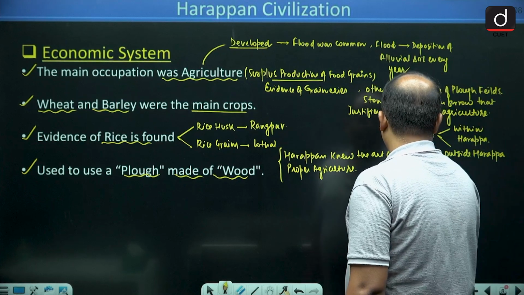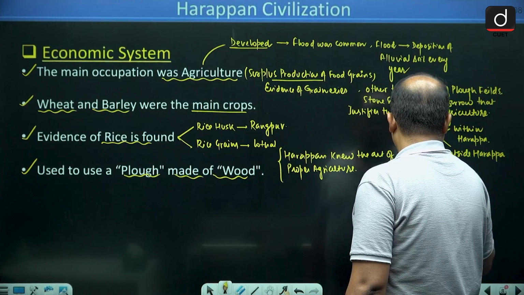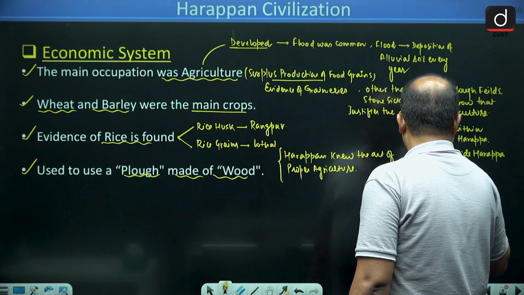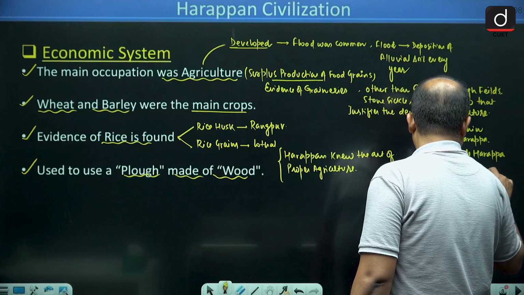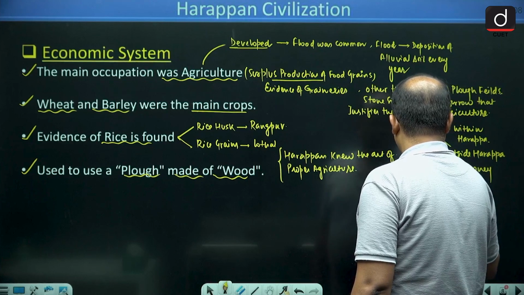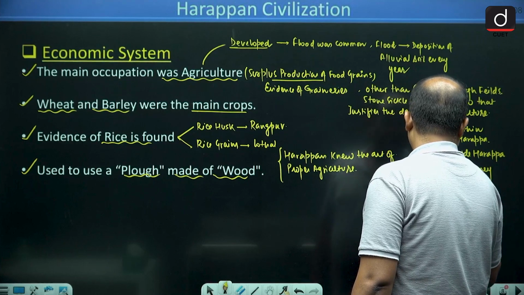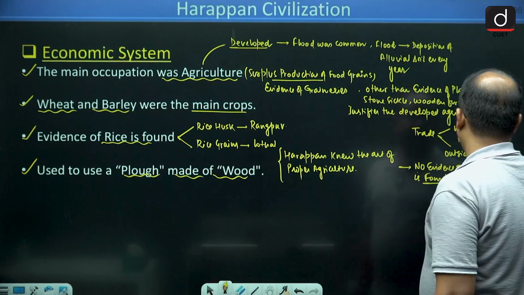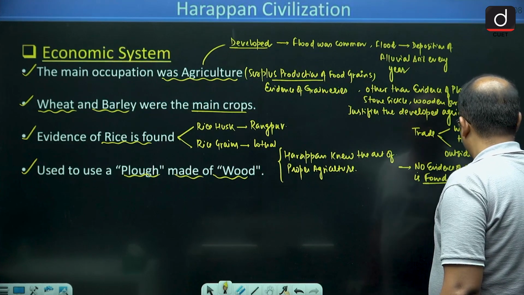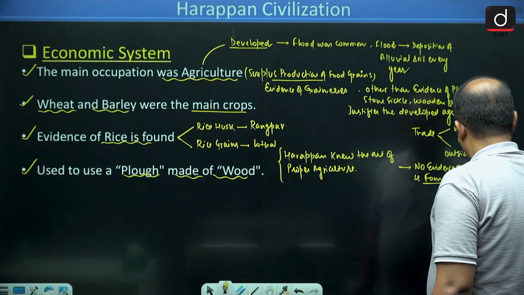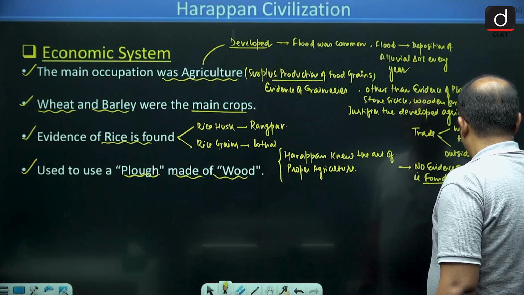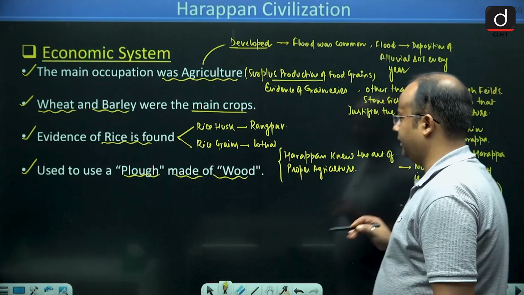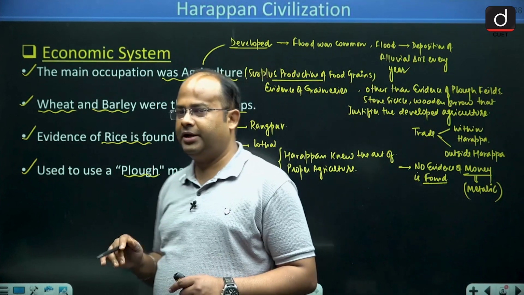There is no evidence of money, and money means metallic money. There is no evidence of metallic money being found.